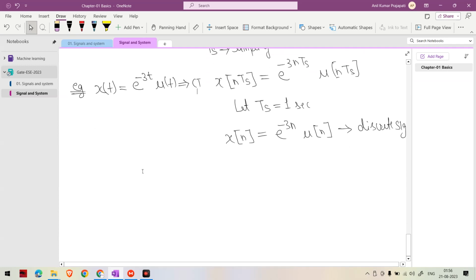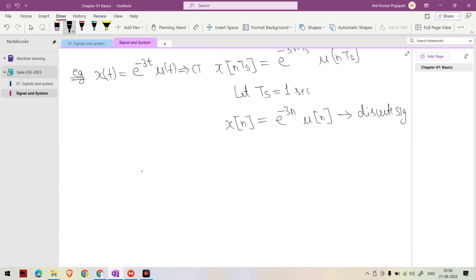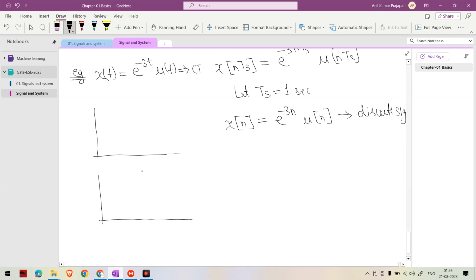So graphically, how will you understand this? So let's see. I will draw both the signals simultaneously. So this is your x(t), this was your t. This is how e raised to power minus 3t will look.